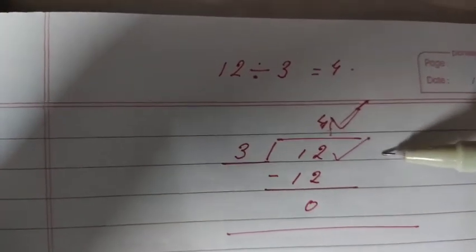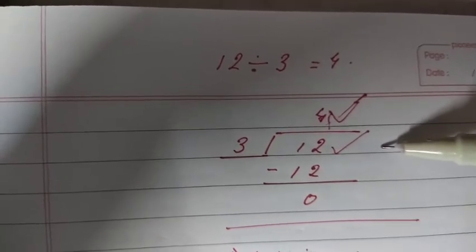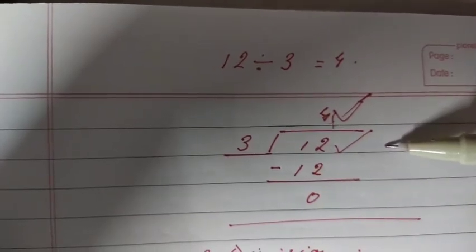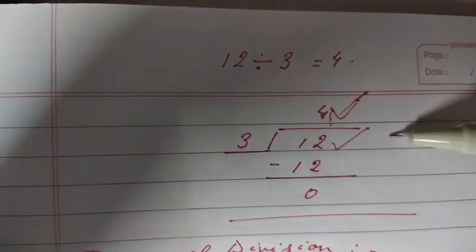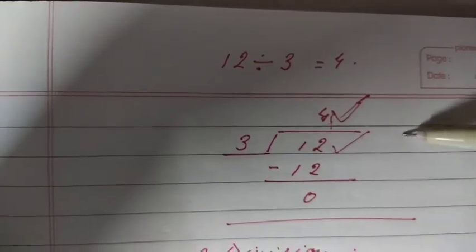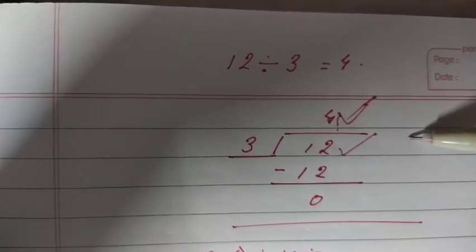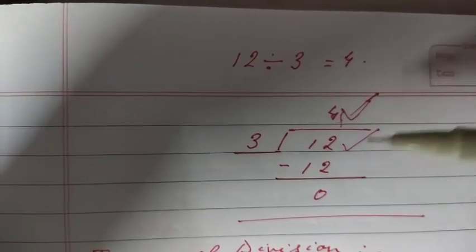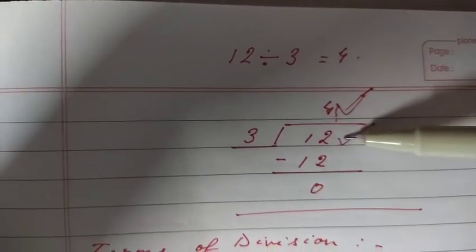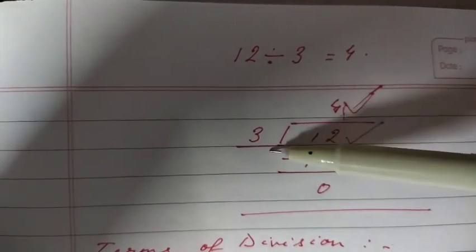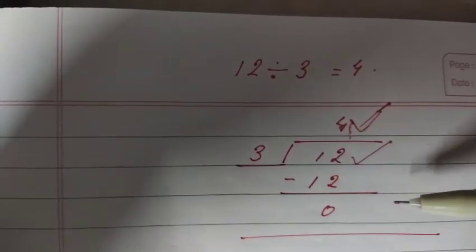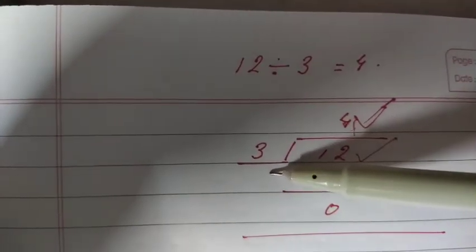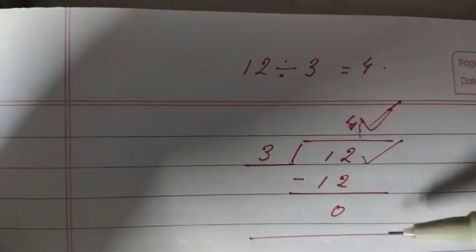That is, dividend equal divisor into quotient plus remainder. If you remember this, dividend means what? 12. 12 will be equal to divisor into quotient plus remainder. Just check if you are correct or not. Divisor 3, quotient 4, remainder 0.